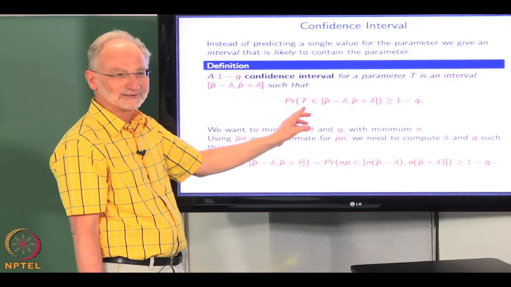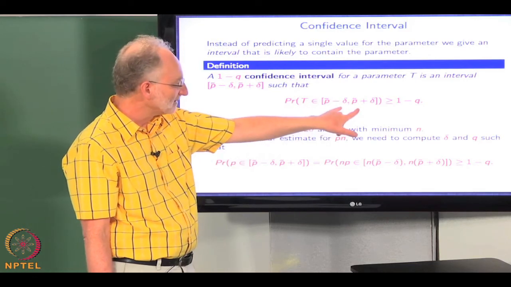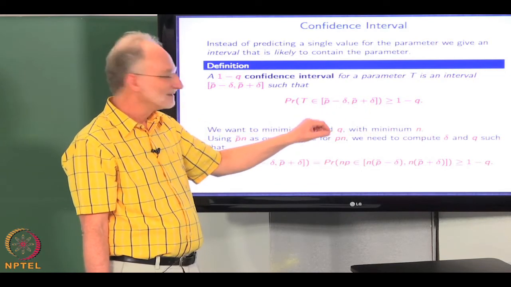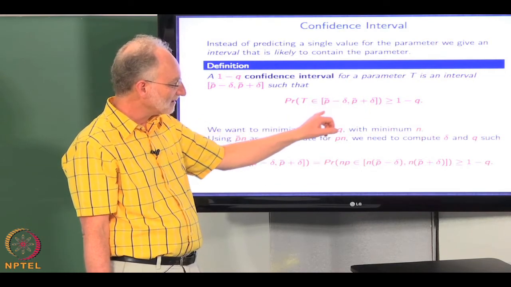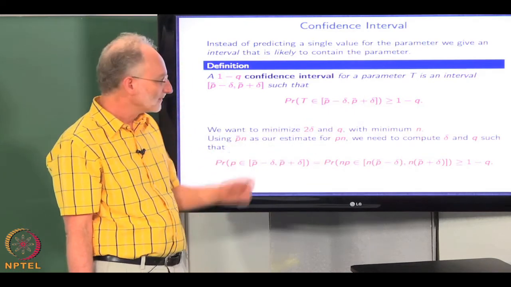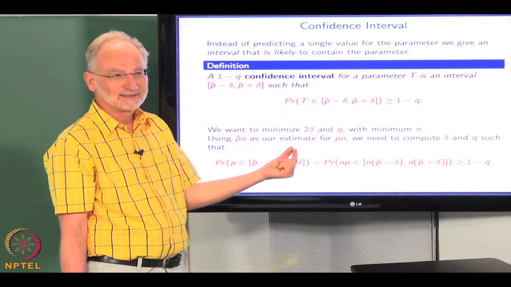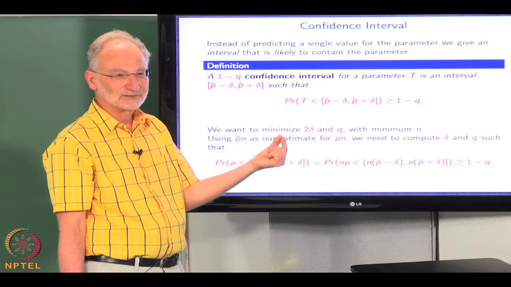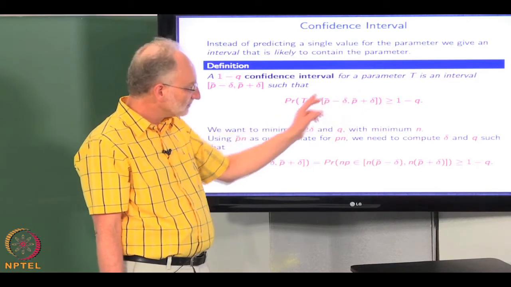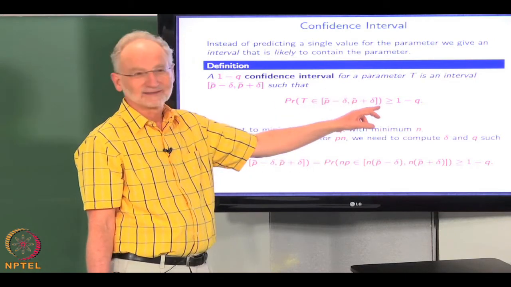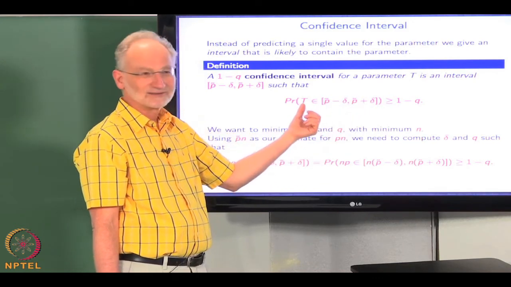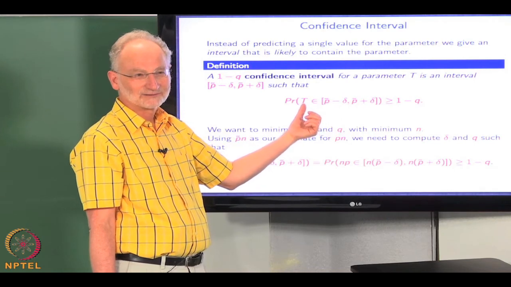The random variable is in fact the interval, because the interval is what we get from our sample. So if we got P tilde as our expectation from the sample, we go a delta plus and a delta minus, and we say we expect the real value to be inside this interval. So the interval is the random variable, and the real value is fixed in nature.